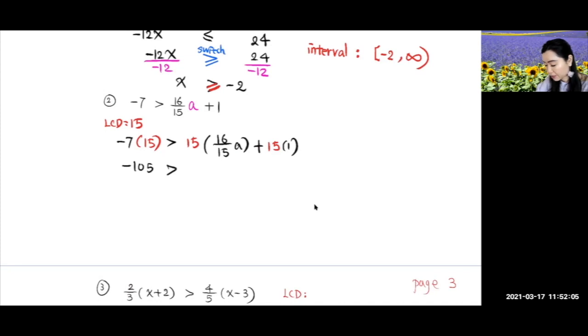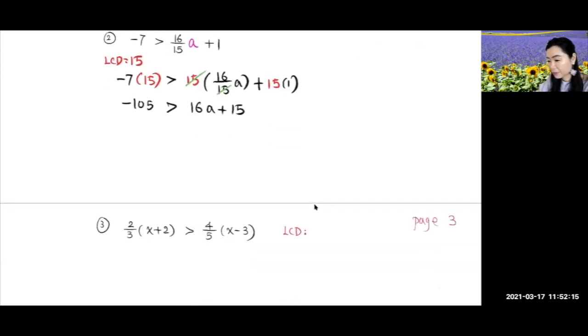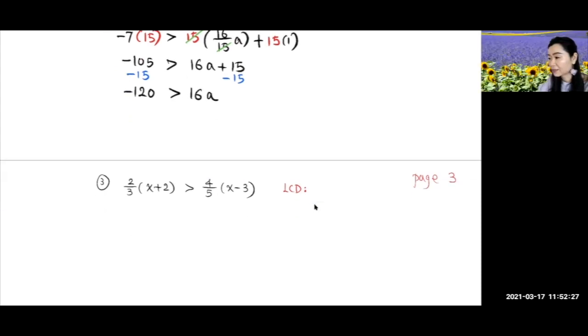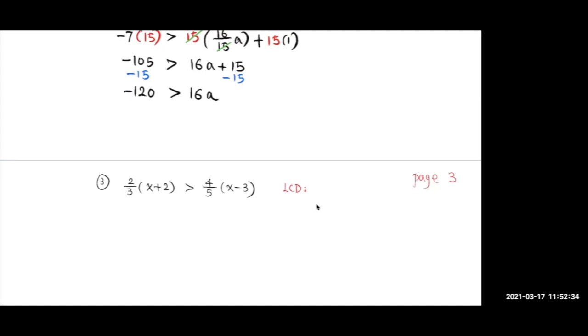And now over here, this cancels, so that gives you 16a plus 15. Then you subtract 15 on both sides. You end up with negative 120 on this side, greater than 16a. Now what do I do? Divide both sides by 16.